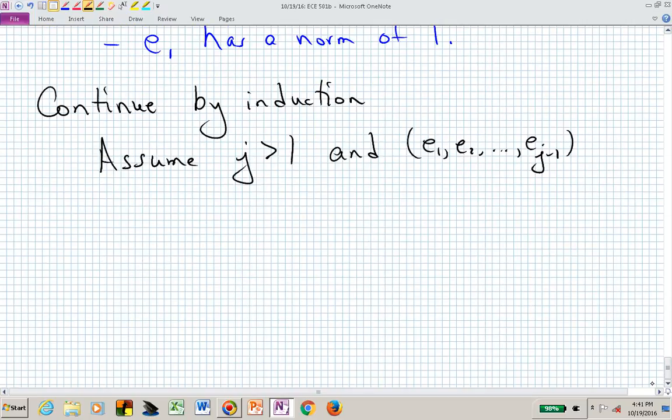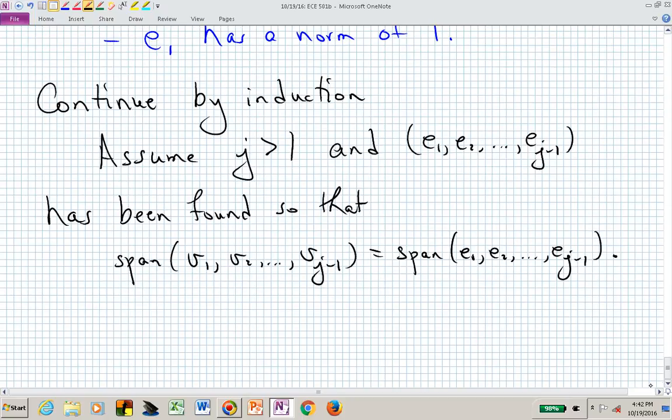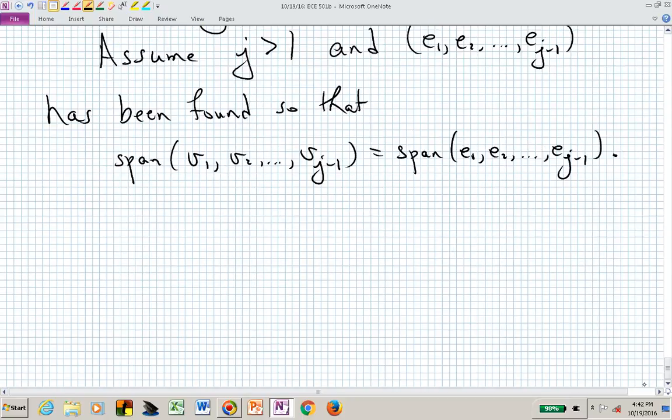So continue by induction and say that we're assuming that E1 through E j minus 1 has been found, so that the span of V1, V2 up to V sub j minus 1 is equal to the span of E1, E2 up to E j minus 1. So we're assuming that's true. And what we do now is build the j-th one.